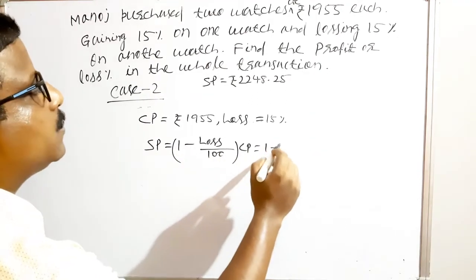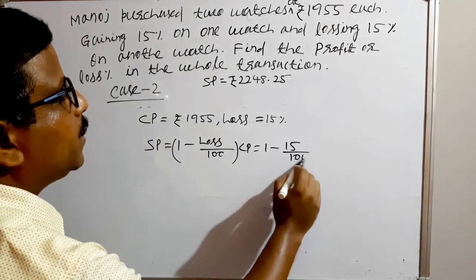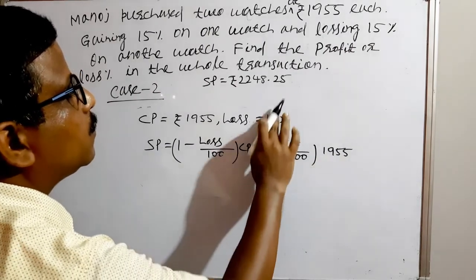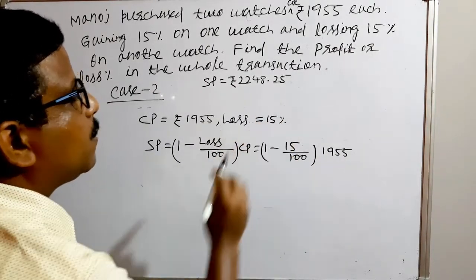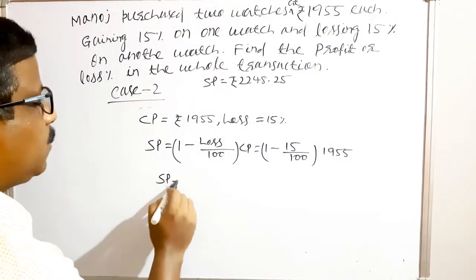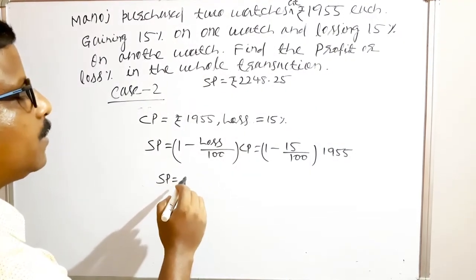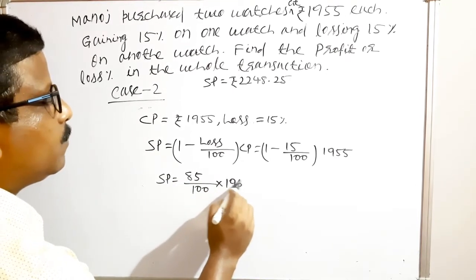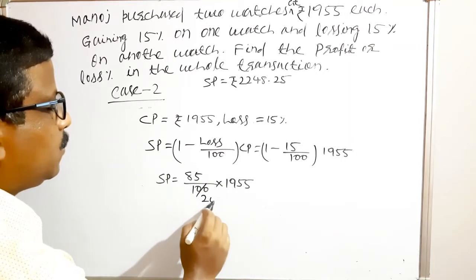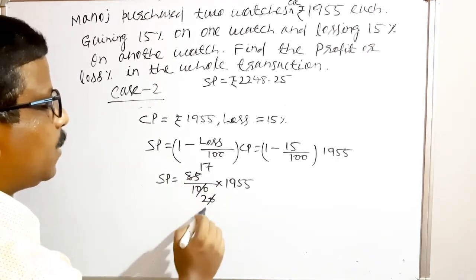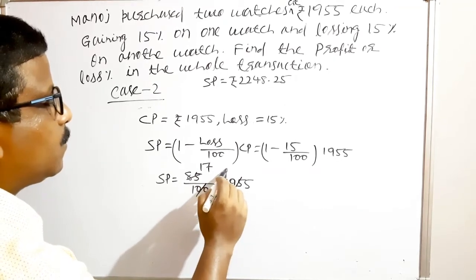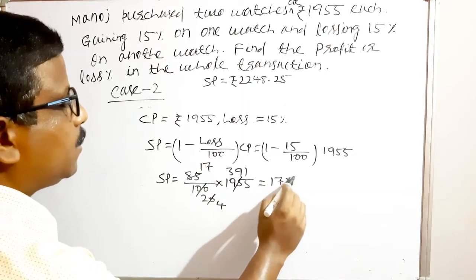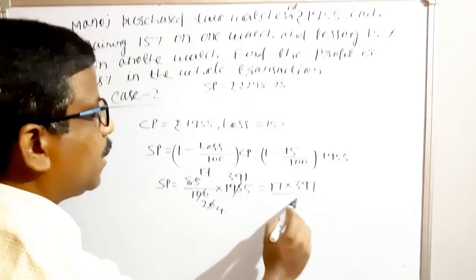So 1 minus 15 by 100 into CP, which is 1955. Now SP is equal to 1 minus 15 by 100, which means 85 by 100, into 1955. 5 cancel, 20, 17, 5 cancel, 4, 391. So 17 into 391 by 4.